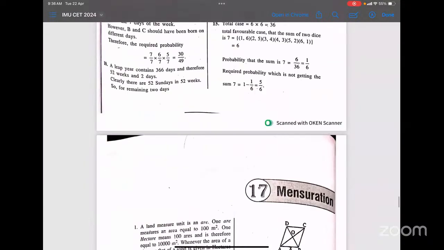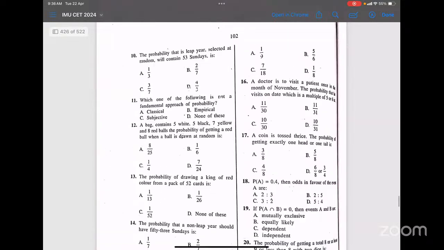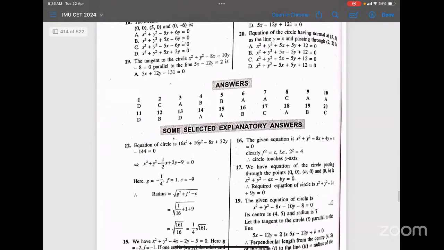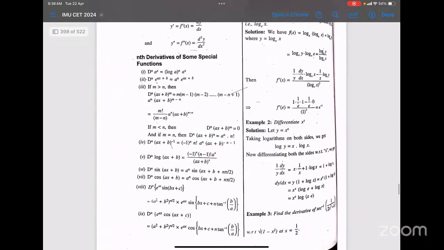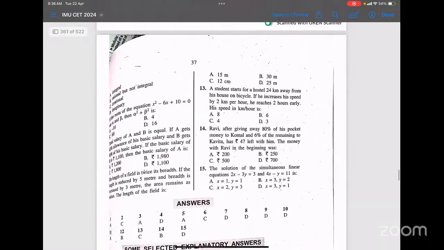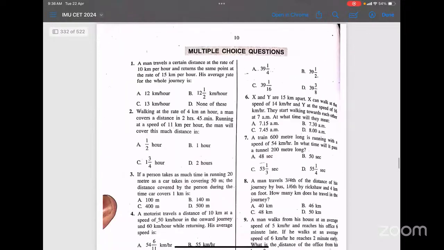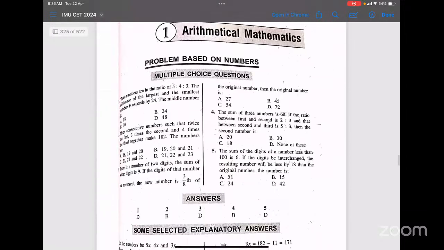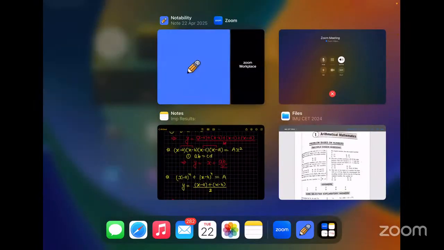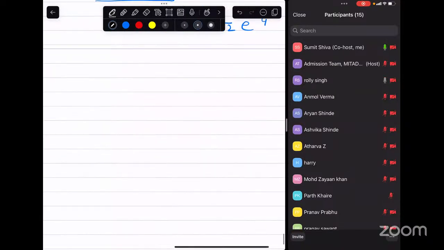Okay, what was the topic in general aptitude?